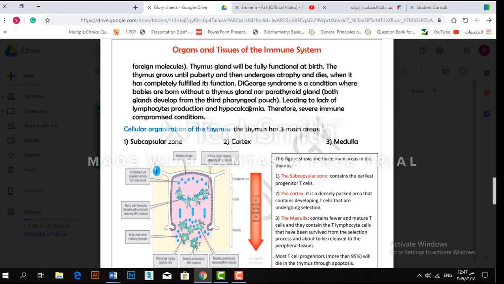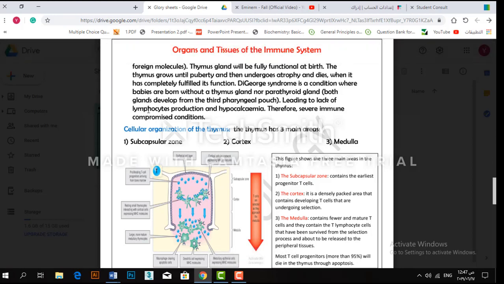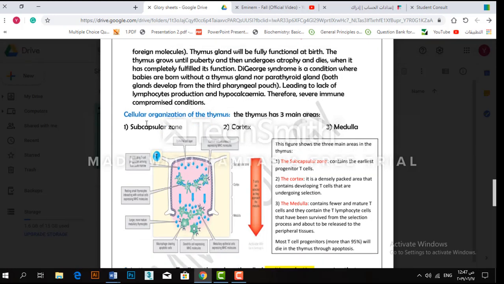This leads to a lack in lymphocyte production, mainly T lymphocytes, and hypocalcemia. Therefore, a severe immune compromise condition.